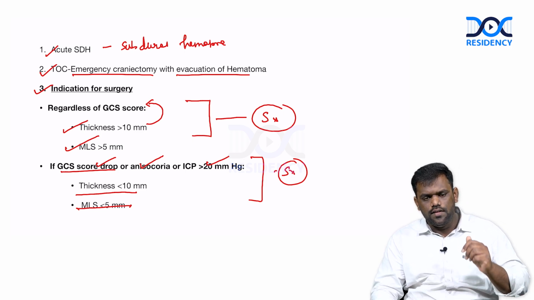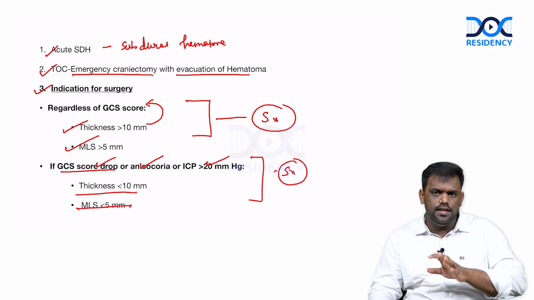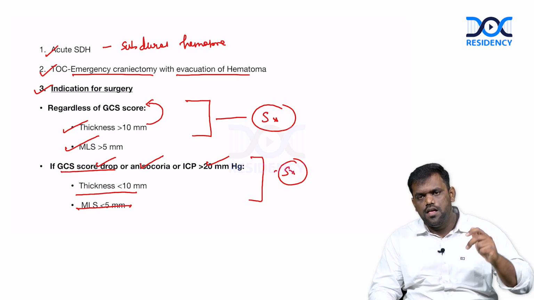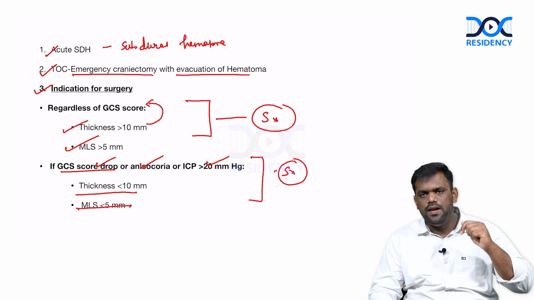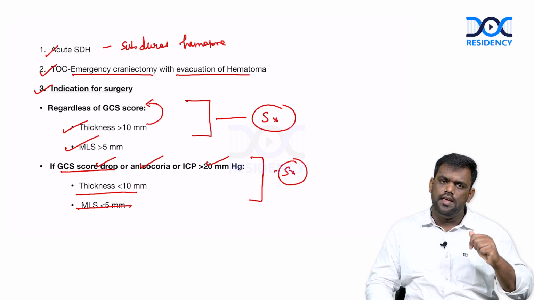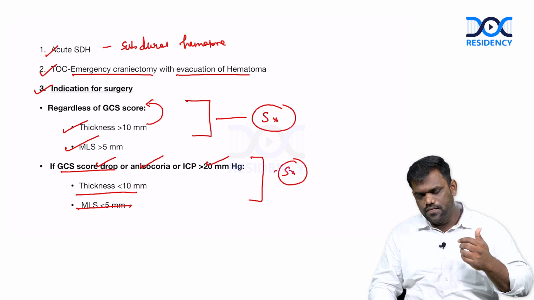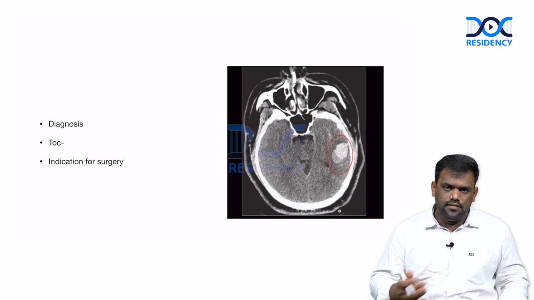So regardless of the GCS score, if the thickness is more than 10 mm or the midline shift is more than 5 mm, surgery is indicated. Whenever the GCS drops, or there is anisocoria, or the ICP is more than 20 mmHg, even if the thickness is less than 10 mm or the midline shift is less than 5 mm, you have to take the patient for surgery.